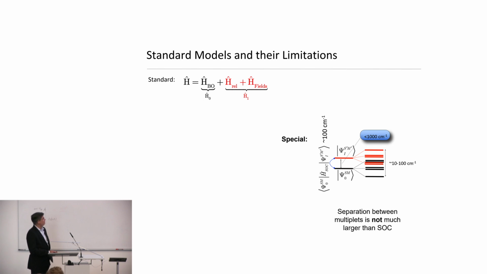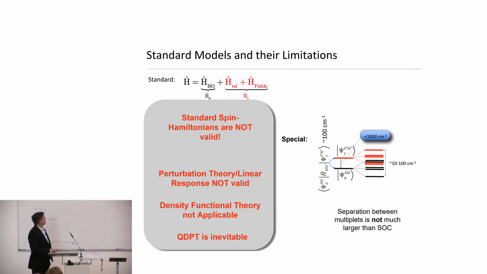Then you can get all kinds of things: the standard spin Hamiltonian doesn't apply anymore, perturbation theory doesn't apply anymore, linear response theory doesn't apply anymore. That means all of DFT is going out of the window. And in this case, quasi-degenerate perturbation theory is inevitable.